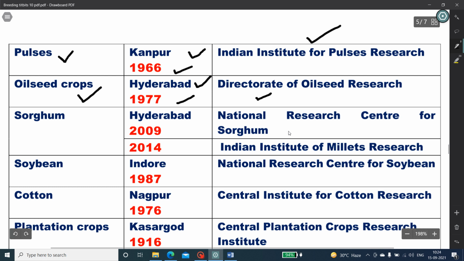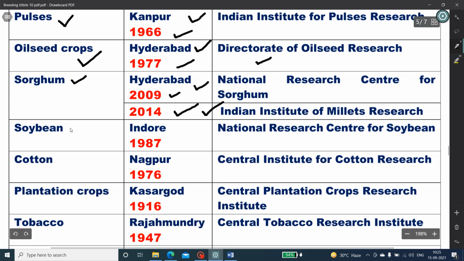And the National Research Center for Sorghum, established in 2009 at Hyderabad, is maintaining the sorghum germplasm. Now this National Research Center was upgraded as the Indian Institute of Millets Research in 2014.